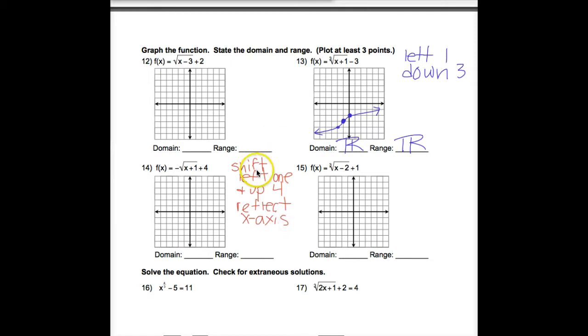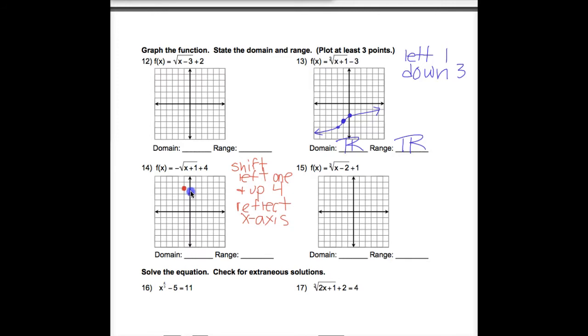So do the shift first. So I'm going to shift from the origin, because that's where I normally start. I shift left 1 and up 1, 2, 3, 4. So here's my starting point. Now remember, it's reflected, which means it's upside down. So instead of going up 1, right 1, I'm going to go down 1, left 1.